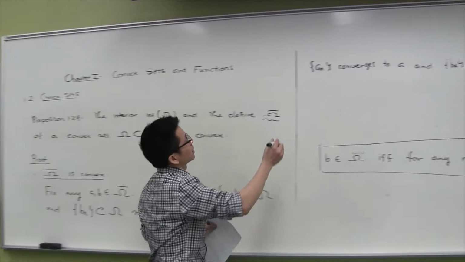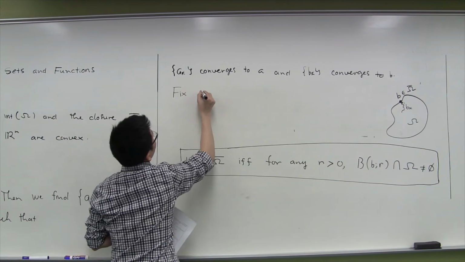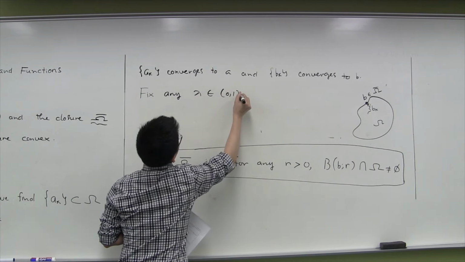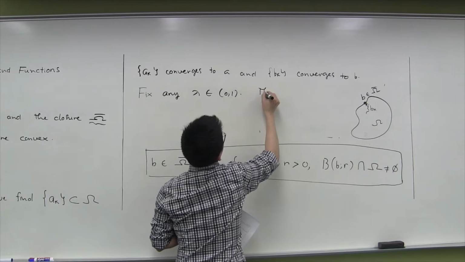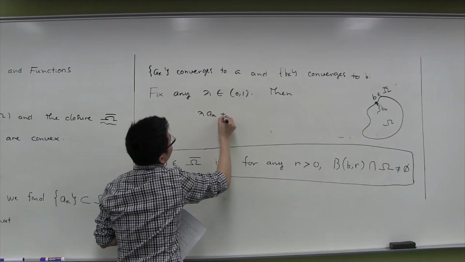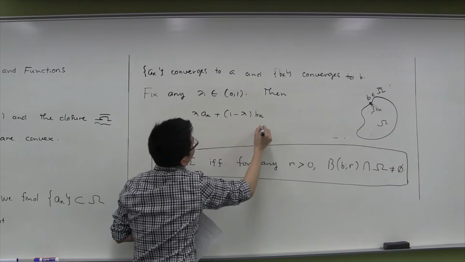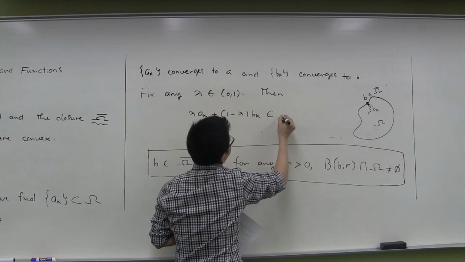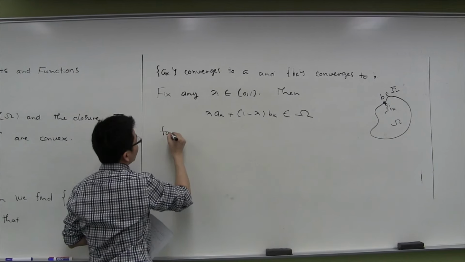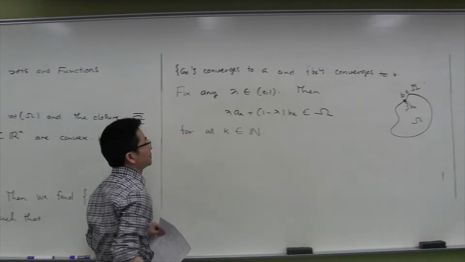Okay, now we're going to fix any lambda in the interval 0, 1. Then lambda a_k plus 1 minus lambda b_k belongs to omega for all k in N. Okay?